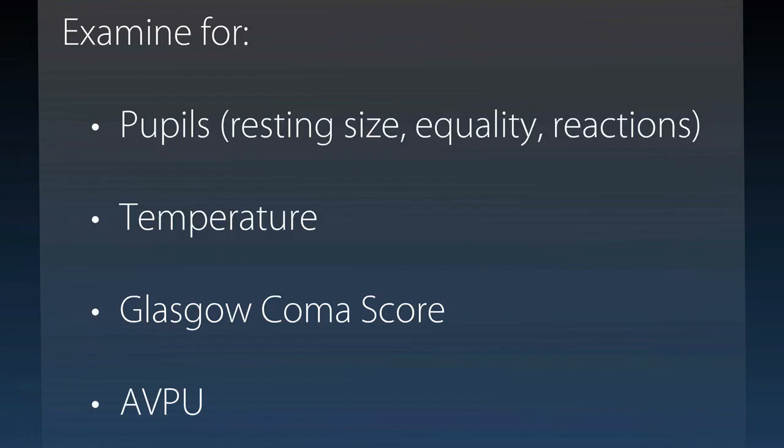And on the AVPU score, it works by saying whether the patient is either spontaneously alert, whether they're only responding to voice, whether they're responding to pain but not to voice, or whether they're completely unresponsive.